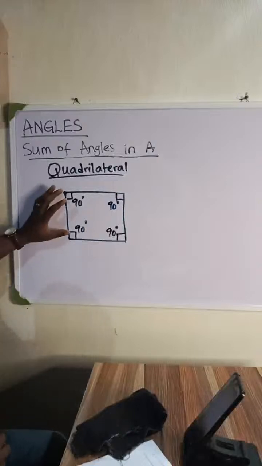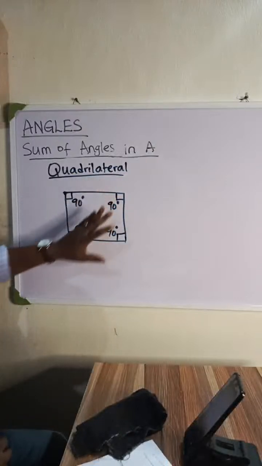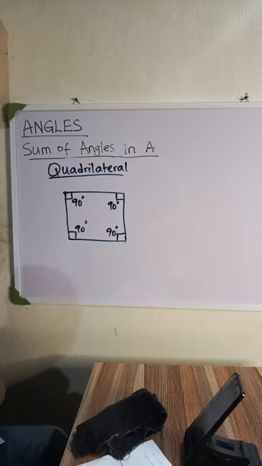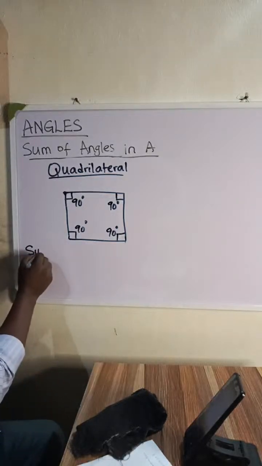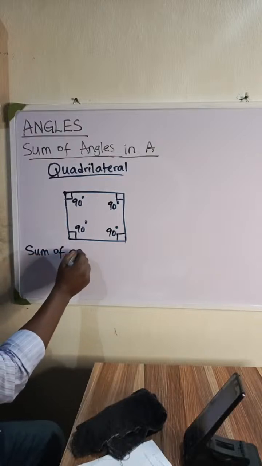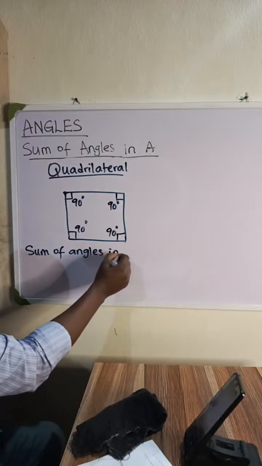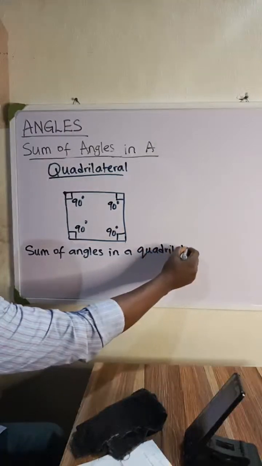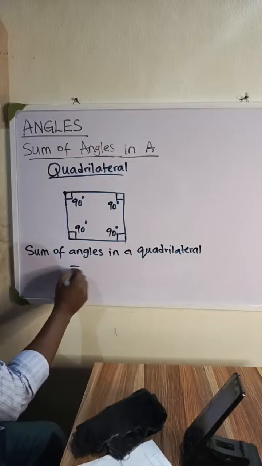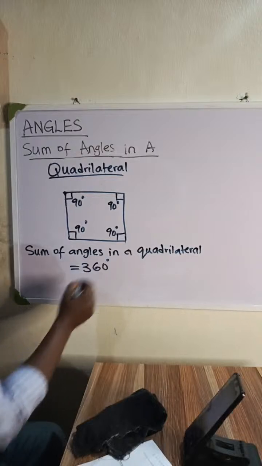So the sum of angles in this quadrilateral is equal to 360 degrees. So we can say that the sum of angles in a quadrilateral equals 360 degrees.